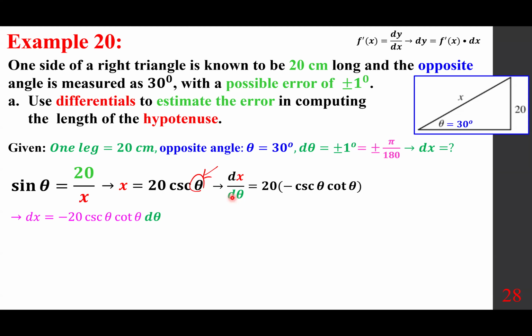And theta is 30 degrees or pi over 6, and d theta is plus minus pi over 180.